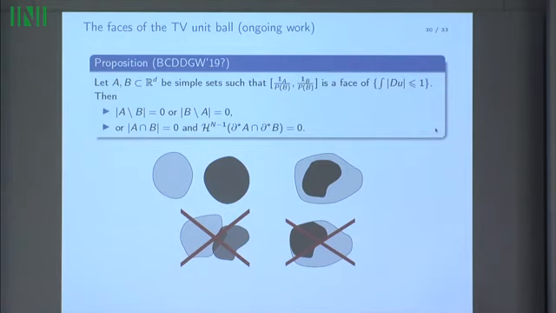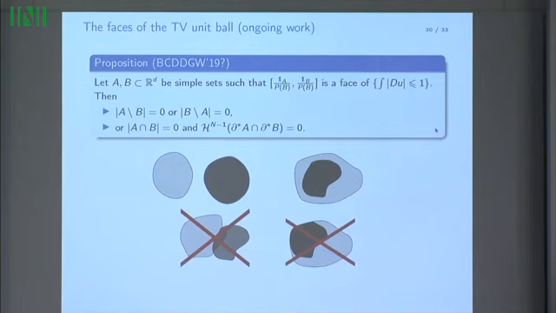So, sufficient condition. If I know that this is a face, then when I'm looking at A minus B, I should have 0 or the contrary, right?